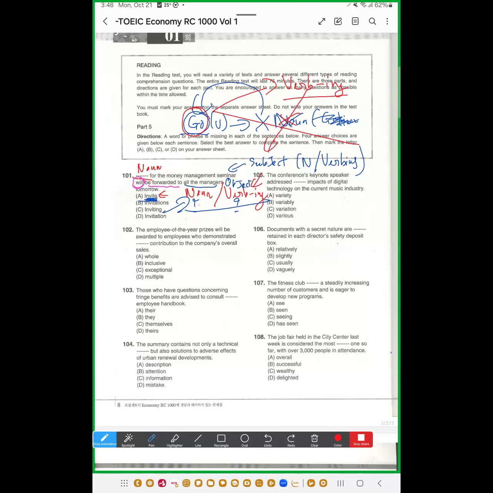So when to use a noun, when to use a verb? In some cases, we want to use a verb as a noun because that kind of word doesn't have a noun in the dictionary, right? Check it in the dictionary and find out whether this kind of word has a noun or not.